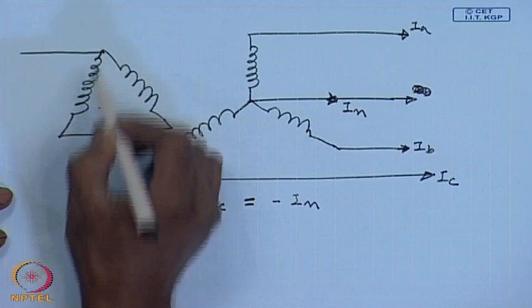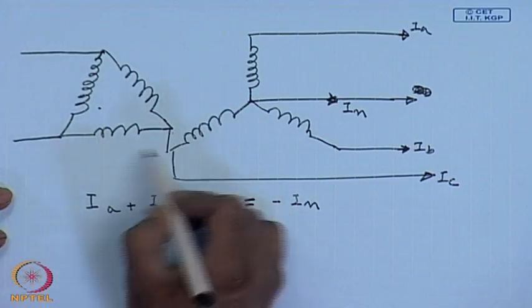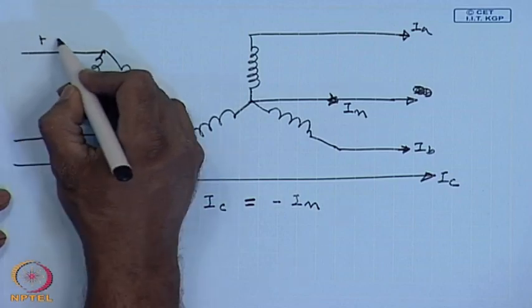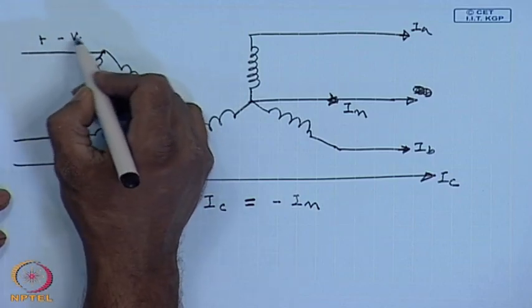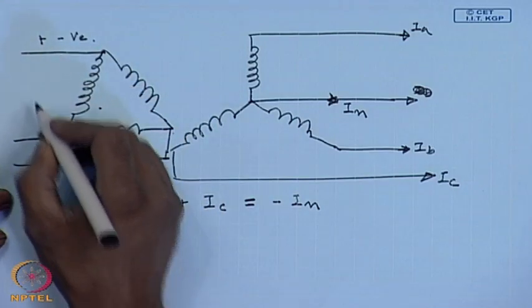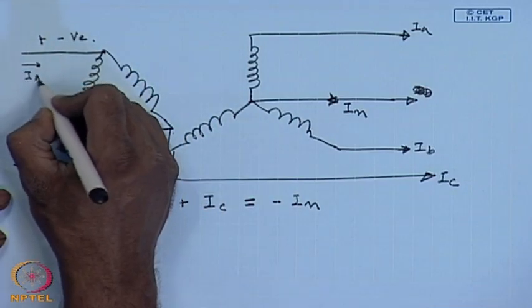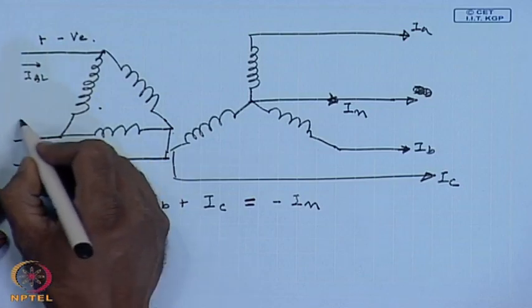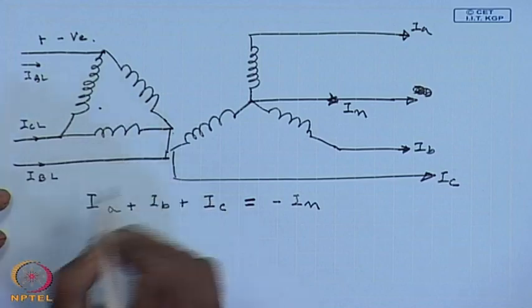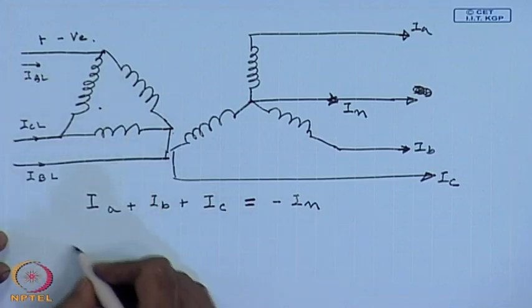On the other hand, on the line only positive and negative sequence components can flow, that is the line currents I A L, I C L, I B L must add up to 0.